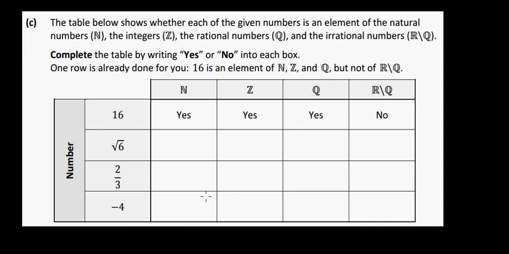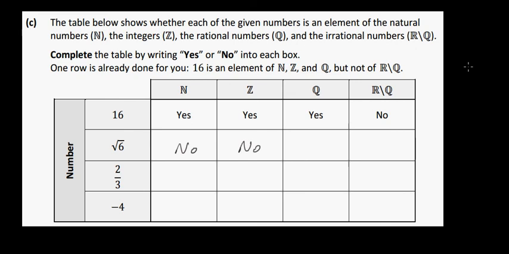Okay, so the square root of 6. The square root of 6 is not a natural number. It's not a whole number, so we put no in there. It's not an integer. It's not a whole number, so it can't be an integer. Is it a rational number or an irrational number?